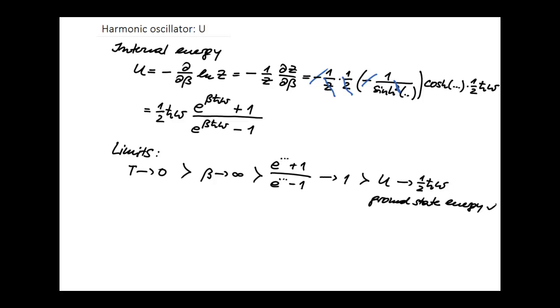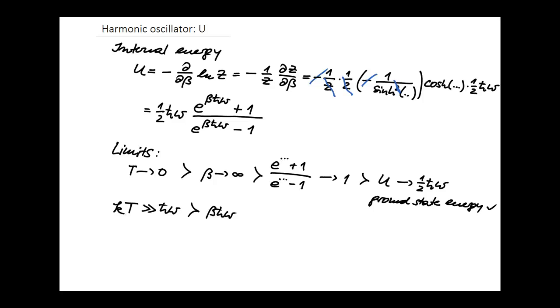We can look at the opposite limit, where T becomes very large, and in particular much larger than the typical energy scale of the harmonic oscillator, much larger than h bar omega. Sorry, I should say not T is much larger than h bar omega, but kT. kT is much larger than h bar omega.